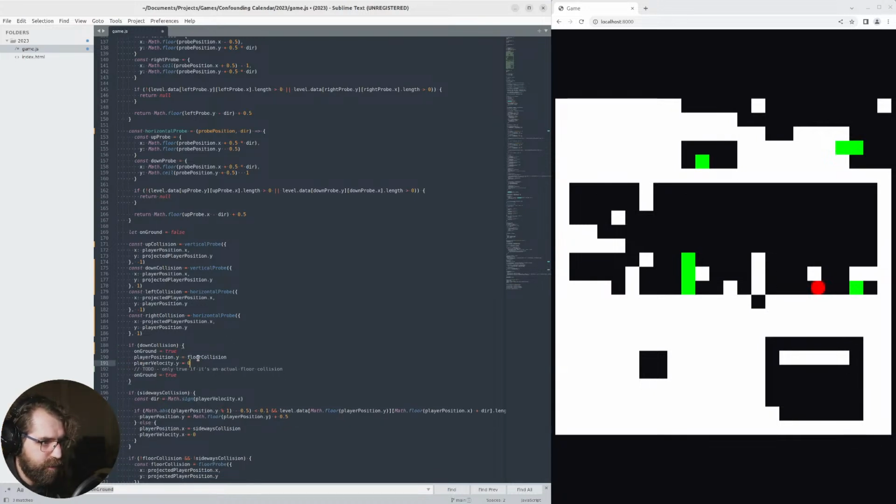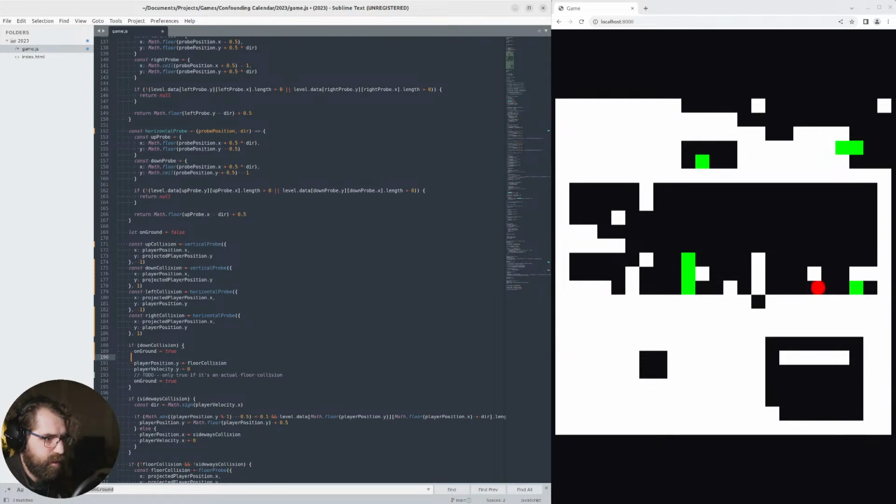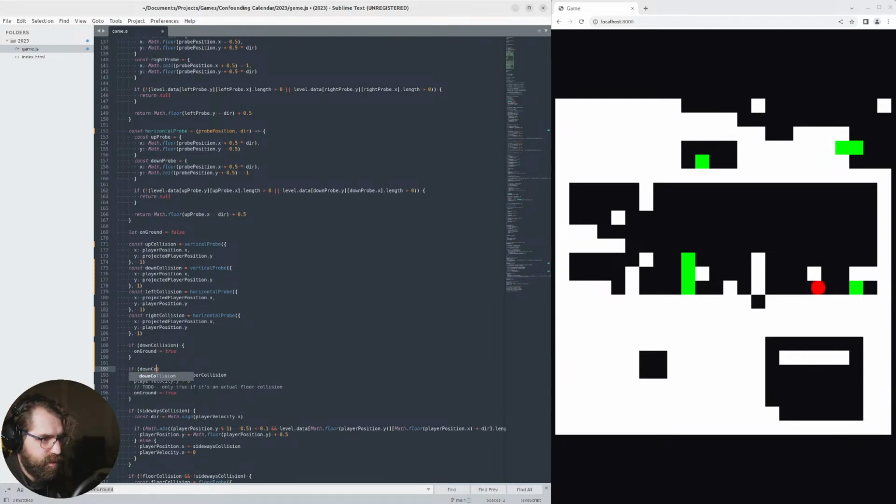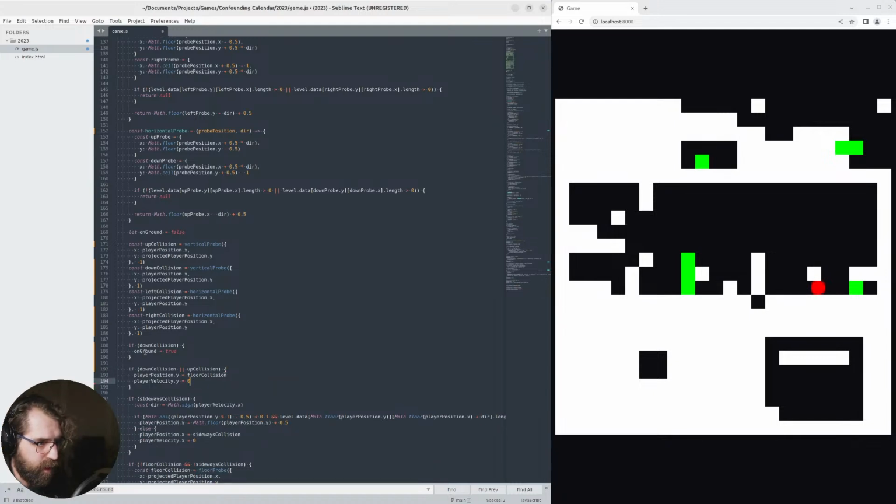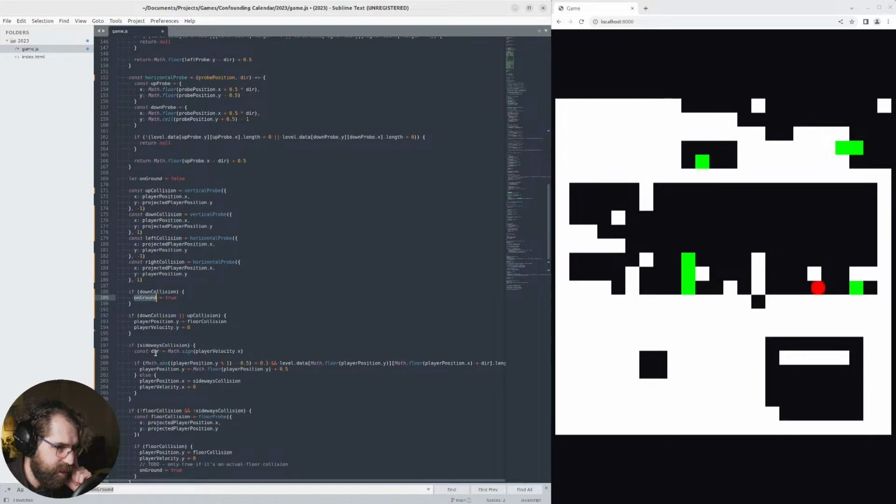Okay, so let's just move this into another. If down collision or up collision, do this. Okay, so now on ground actually means on ground, and that's what we can use to determine if we want to jump or not. The sideways collision isn't a thing.